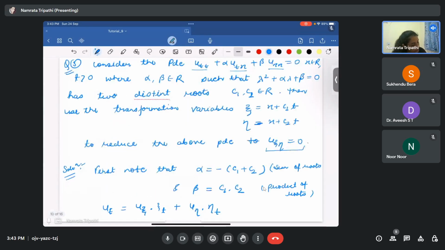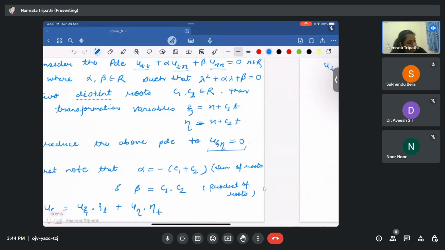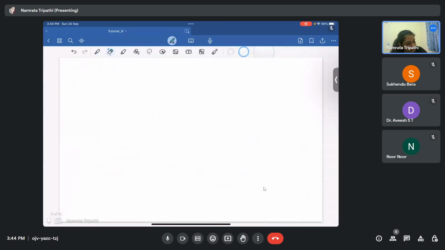What will be the value of xi t and eta t? Because xi is x plus c1t and eta is x plus c2t, so xi of t will give c1 and eta of t will give c2.